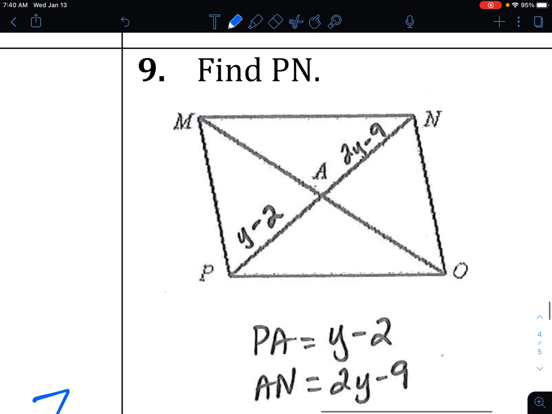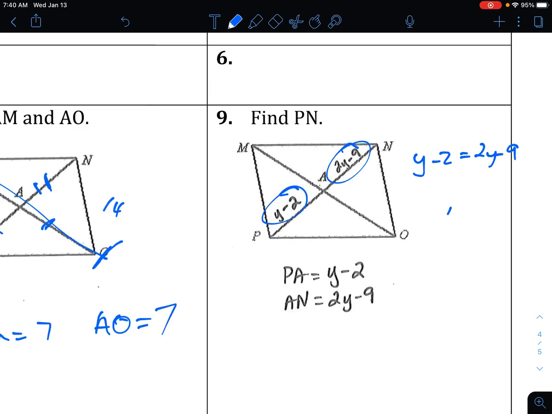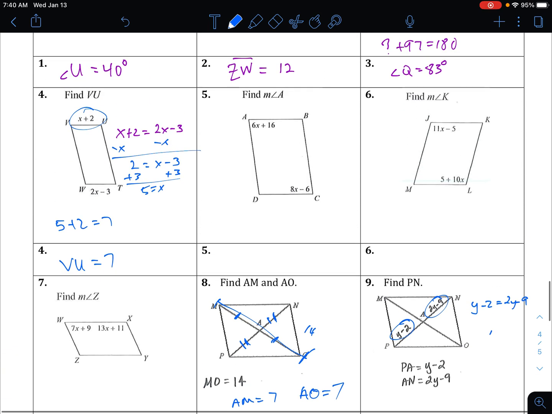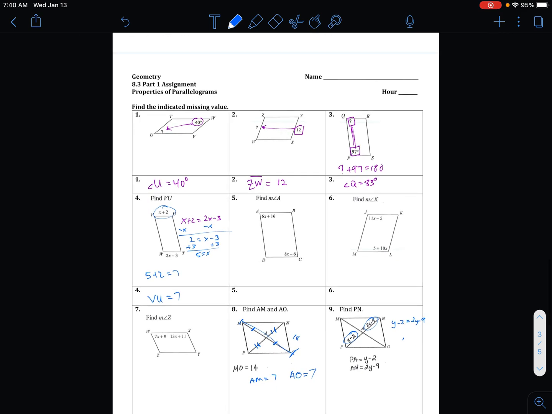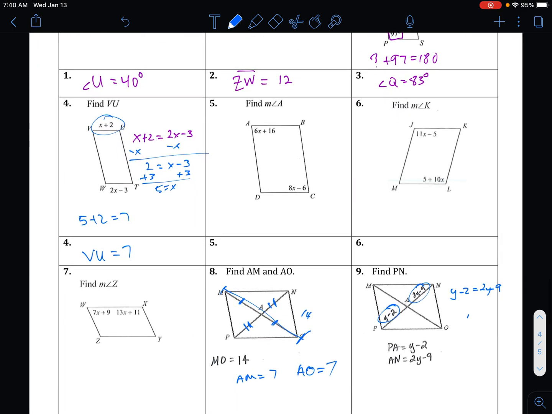Well, how am I going to use this one? Well, the diagonals bisect each other, so the diagonal pieces are equal to each other. So I'll set that up, and then you guys can practice solving on your own. So that's just applying the properties of parallelograms. Know what they are, because as you can see, I left you 3.5 problems to complete. Use the property.